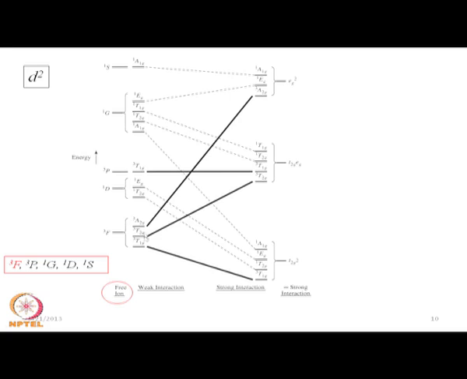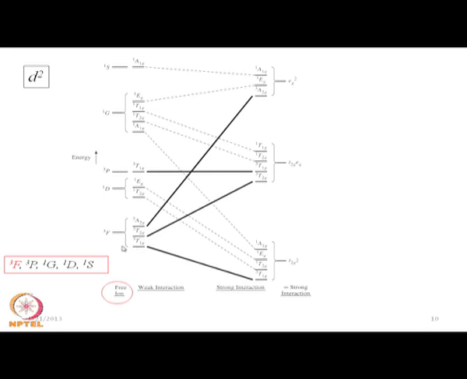These are the 3 new electronic states we can generate from the free ion 3F term, and after the splitting the 3T1G has 3-fold orbital degeneracy as well as 3-fold spin degeneracy. Similarly, this also will have the same, and this has 1-fold orbital degeneracy, but having 3-fold spin degeneracy.